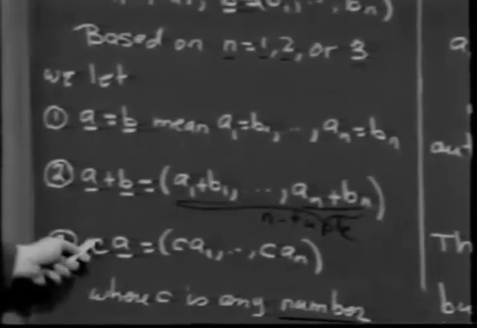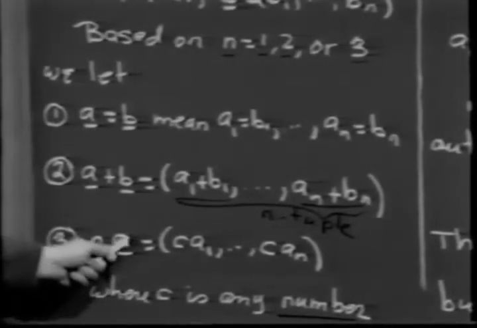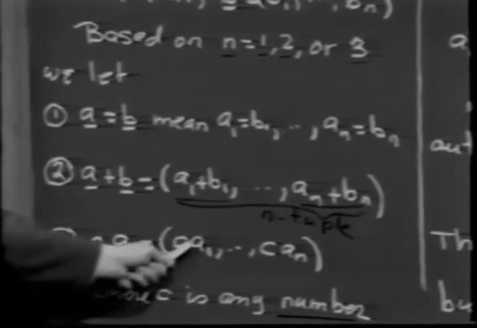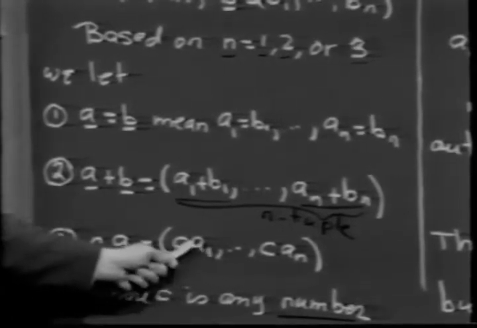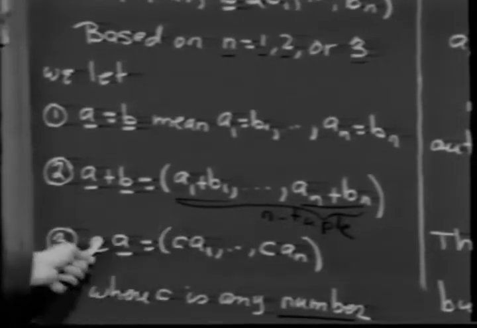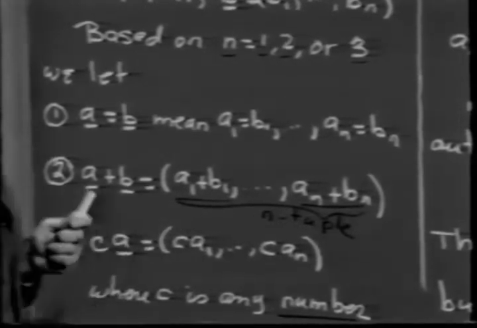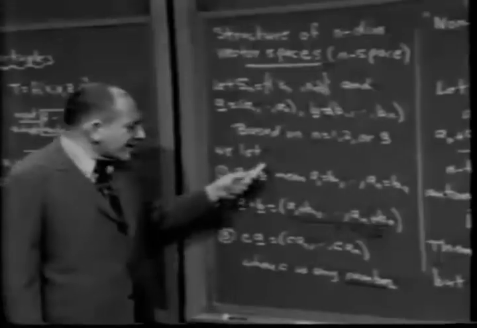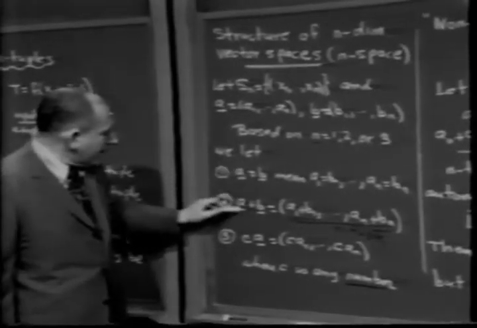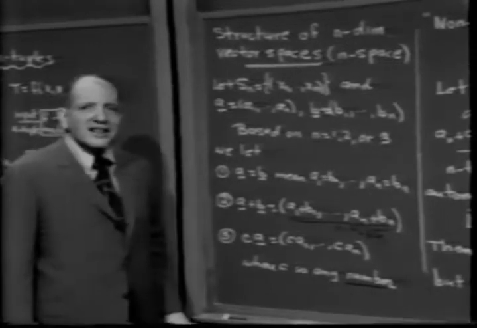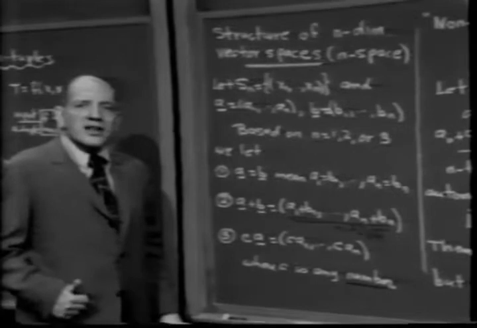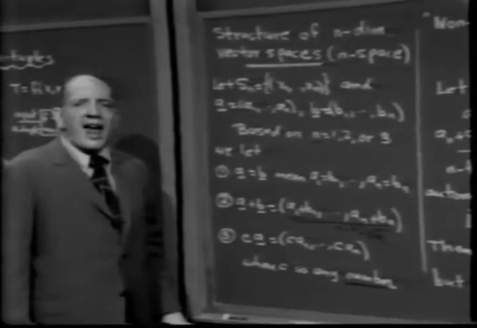And finally, to multiply a scalar by an n-tuple, I will agree to define that to mean that you multiply the n-tuple component by component by that particular scalar or number. And notice again that all I have done here is obtain these three structural definitions from the equivalent situations of arrows.